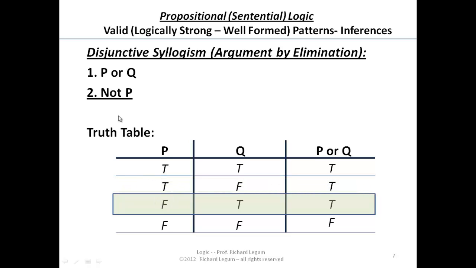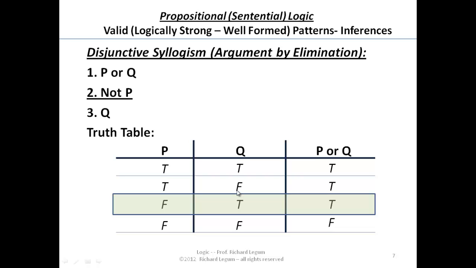And finally, we're left with the only row for disjunctive syllogism, which could be the right one. Since not P has to be true, in other words, P is false, and P or Q is also true, well, we now get to the conclusion: Q, notice, has to be true in this case.